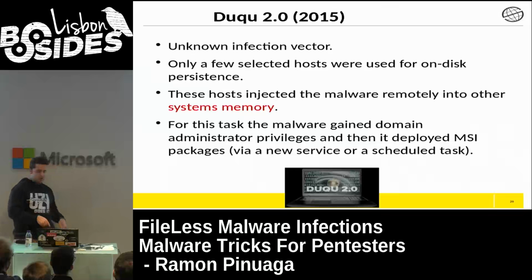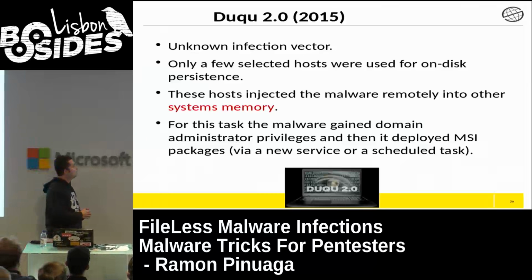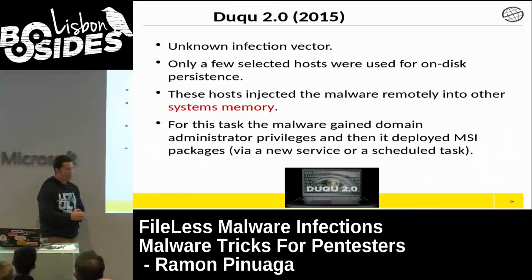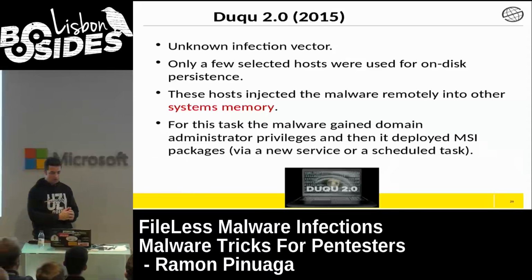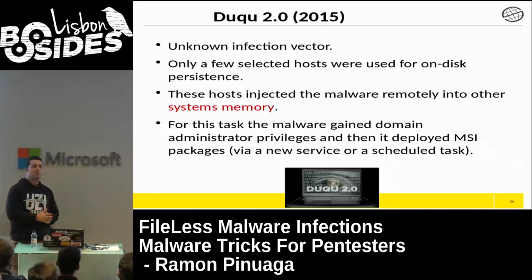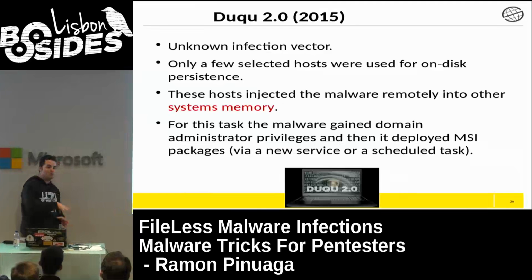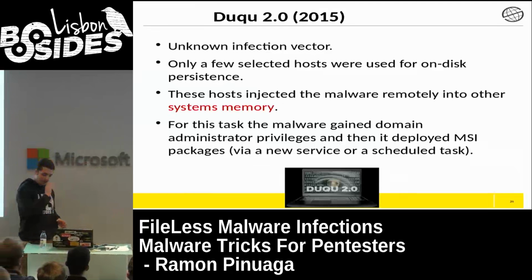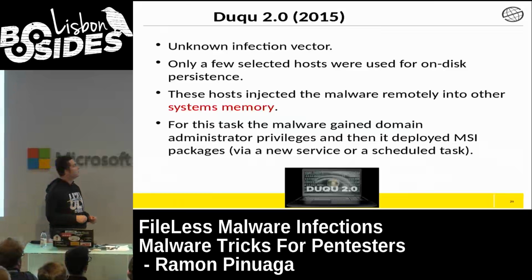And we can't end the review of famous fileless malware without speaking about Duqu. Maybe for the name you don't remember, but Duqu 2 was famous for infecting Kaspersky. It was a malware used by an APT group to infect a security company. And it infected a lot of systems in this company by using fileless strategies.